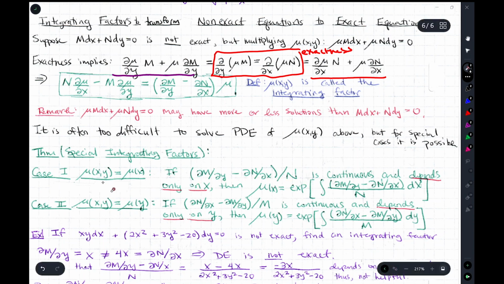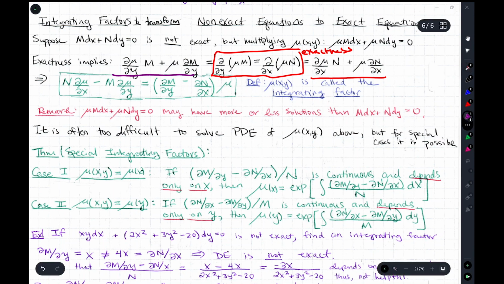Why is that? Because you see mu over here is with respect to y. So if it only depended on x, this would be 0, and then you could divide by this N and integrate this using separable equations, okay?